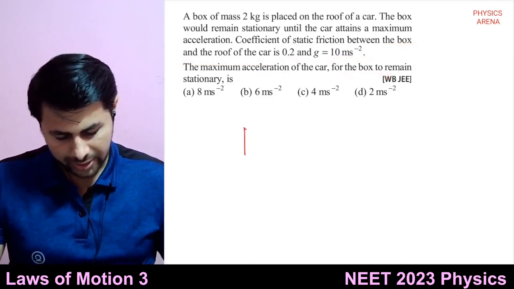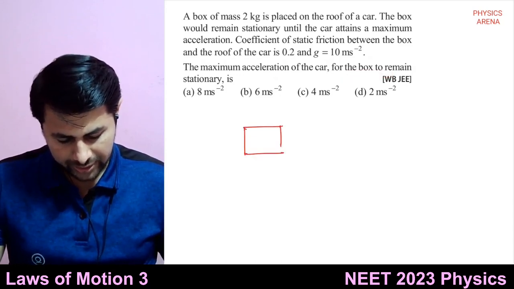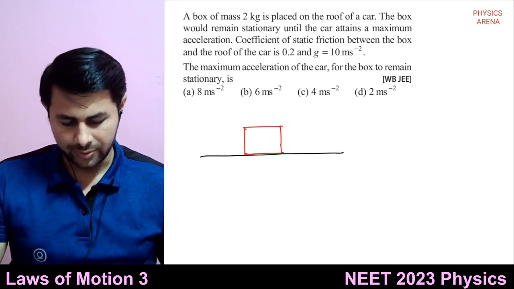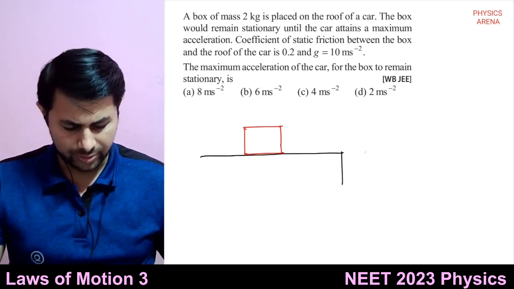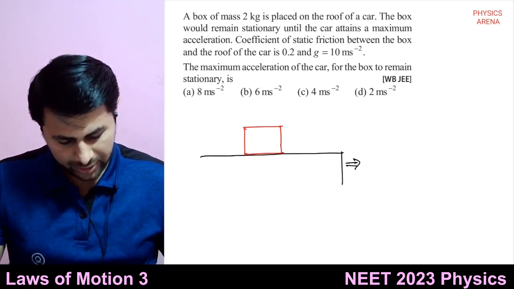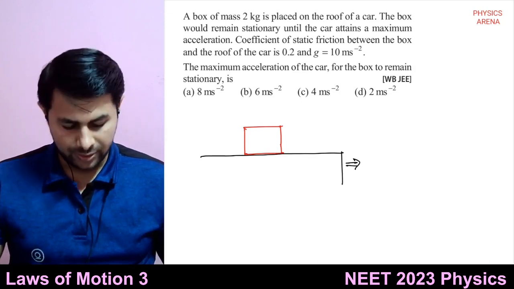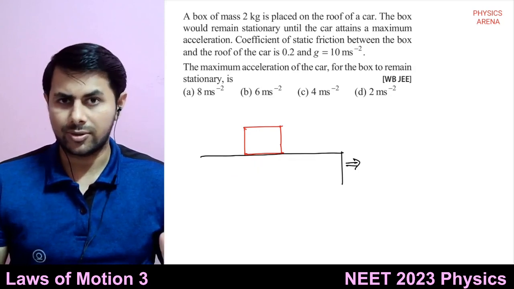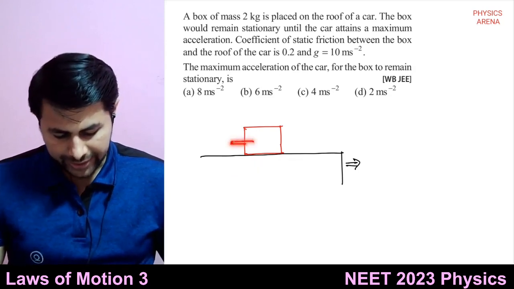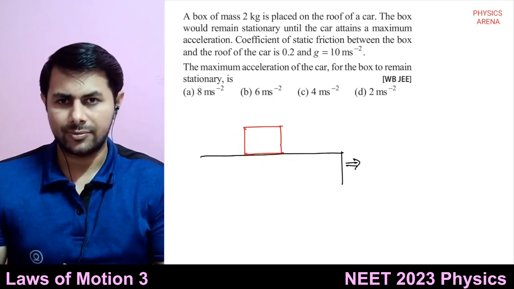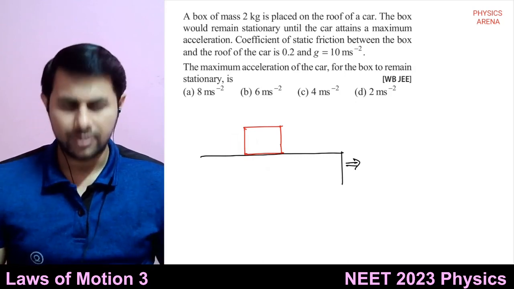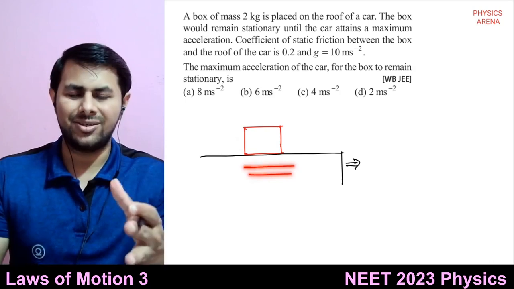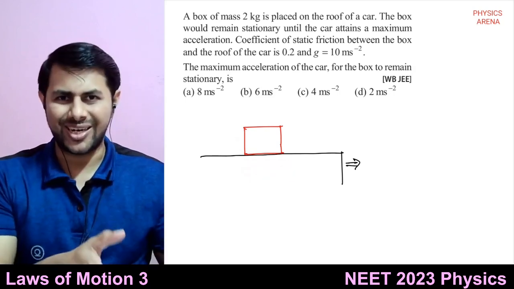So alright, there is a box which is kept on a car. Let's suppose this is the car. This car will accelerate. So now when this car accelerates, what will happen to the block, the box? It will tend to slide backwards. Actually it remains there, and this car will move forward, right?